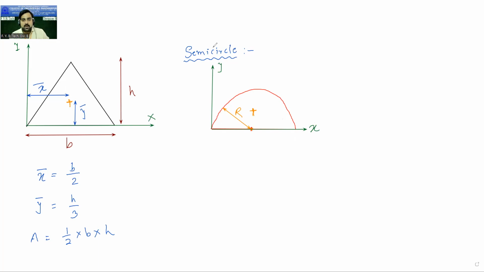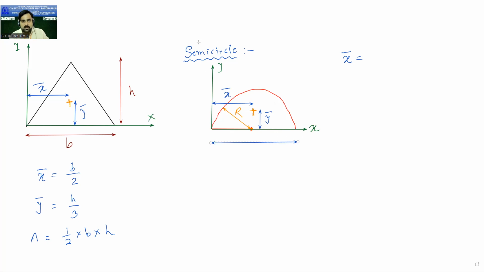Here x bar is the distance of the centroid from the y-axis. This distance we call x bar, and the distance of the centroid from the x-axis, this vertical distance, we call y bar. So in the case of the semicircle, x bar is equal to, see, this total is nothing but the diameter.